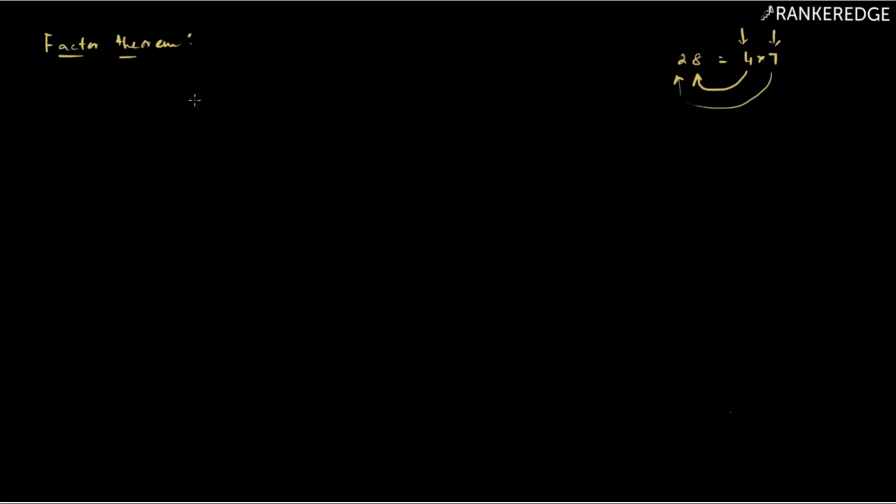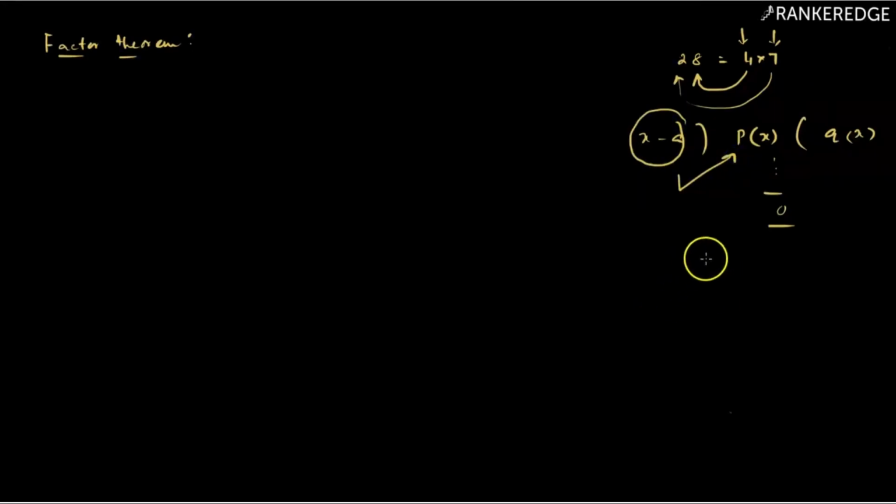Similarly with polynomials also, when I have a polynomial p of x that I'm dividing with another polynomial, a linear polynomial, say x minus a, and I get some quotient, I don't care about that quotient. If the remainder is 0, then I say that x minus a is a factor of p of x, because then p of x will become equal to x minus a into q of x plus the remainder 0.